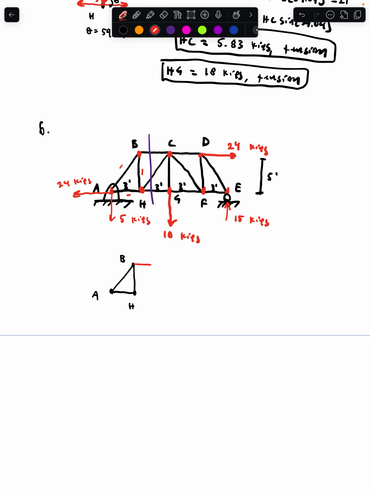And then the members we cut, we got BC, HC, and HG. And then our reaction forces. And then basically we're just going to solve for equilibrium about A now. So the first thing I'm going to do is the forces in the y direction, because I only have one unknown in the y direction.